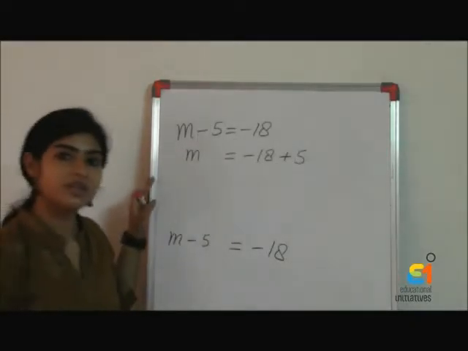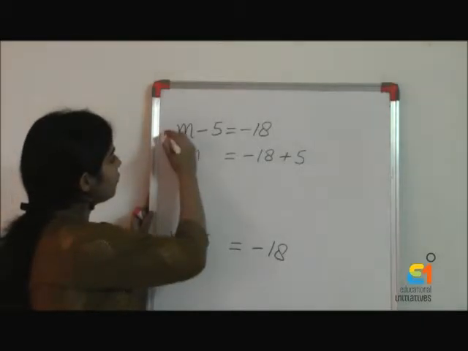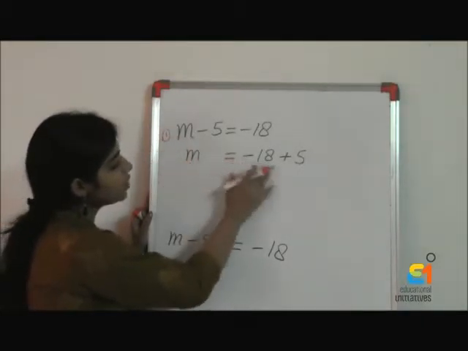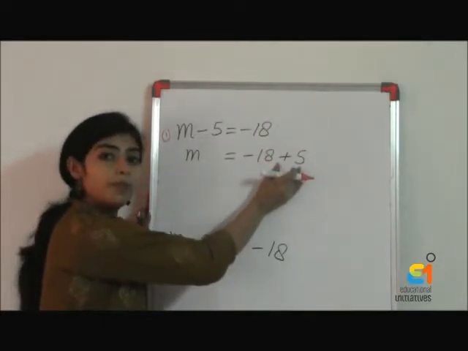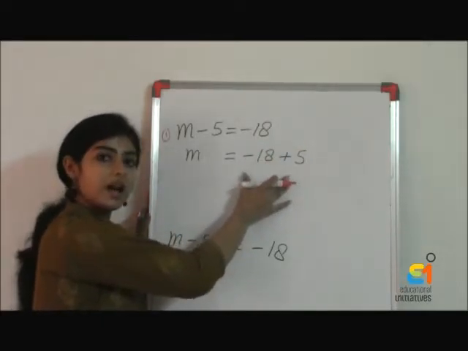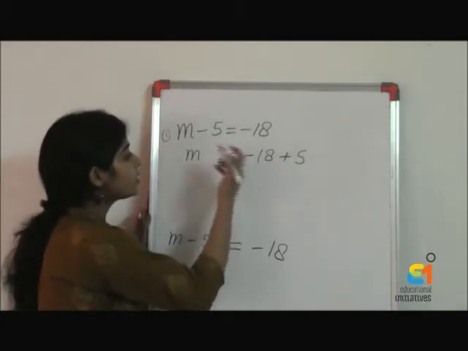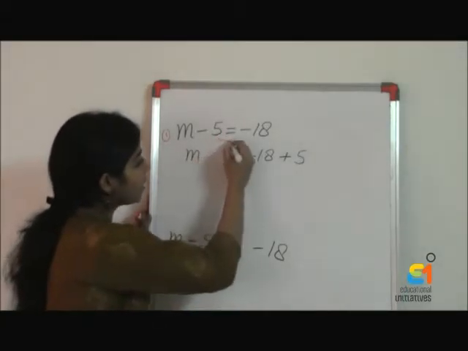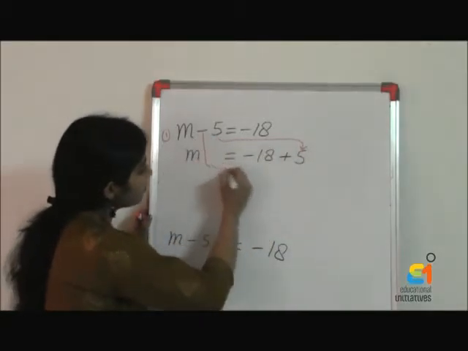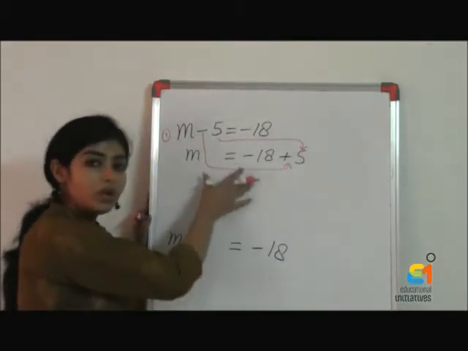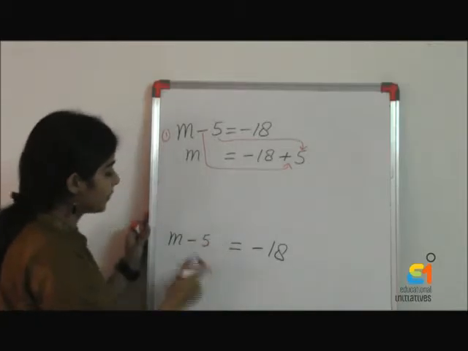Let's look at two cases here. In the first case, even if a student is able to transpose minus 5 to the other side and change it to a plus 5 and thus get the correct answer as minus 13, he still does not understand why shifting 5 to the other side and changing the minus to a plus would work for solving an equation.